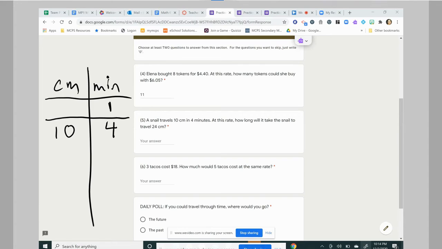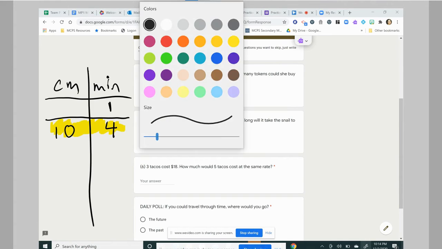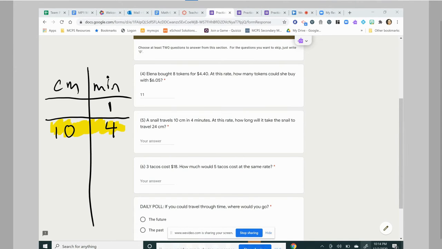This is a multiplicative relationship, and this is what I do know. But this information is very crucial because it's going to help me solve the rest of my problem. So in order for 4 to become 1, you have to do 4 divided by 4, right? And 4 divided by 4 is 1. And so whatever I do to one side, I got to do to the other side.